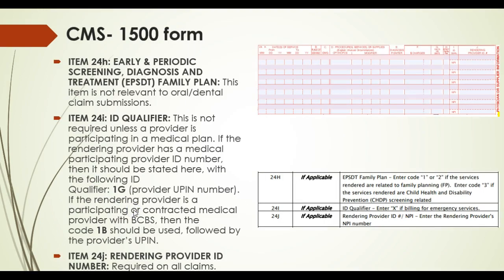All right. So our next items are 24H through 24J. And 24H is primarily only used if applicable, which is this column here. You would put a code of 1 or 2 if the services rendered are related to family planning.